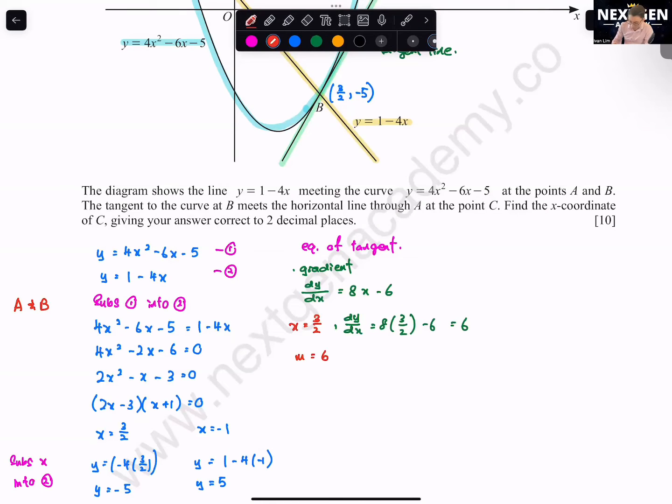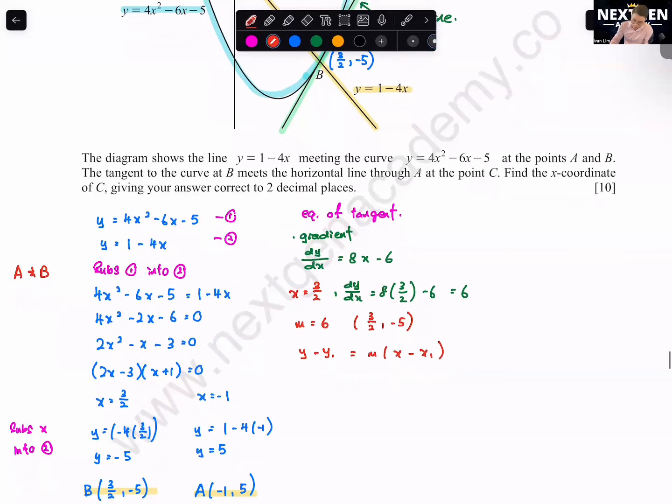After I get my gradient ready, I have m equals 6, and the point B that the tangent also passes through, which is 3 over 2, negative 5. I'm going to put it into the equation y minus y1 equals m times x minus x1. Substitute it in, so y plus 5 equals 6 times x minus 3 over 2.